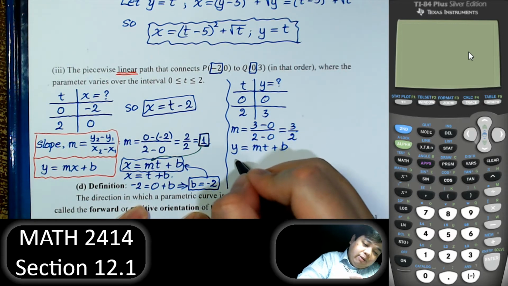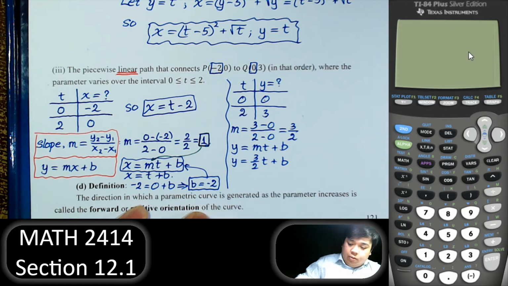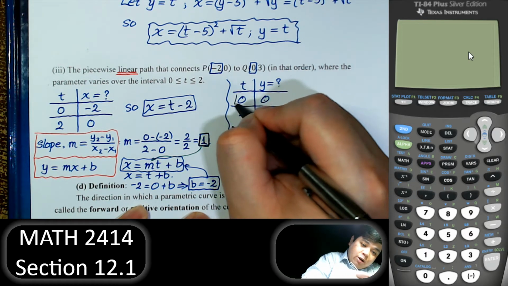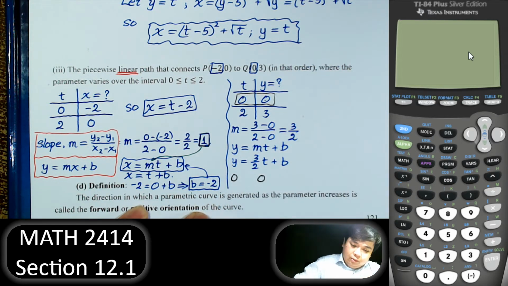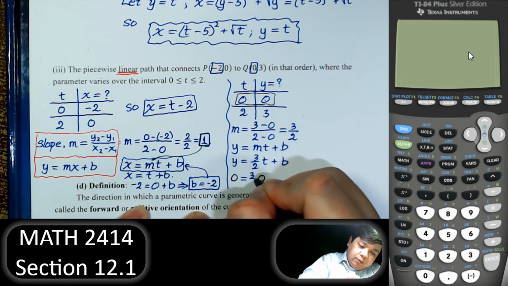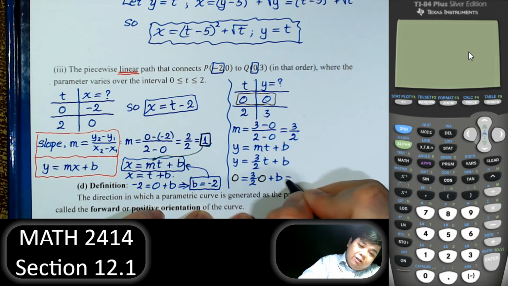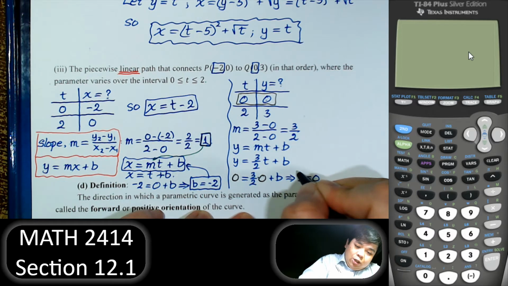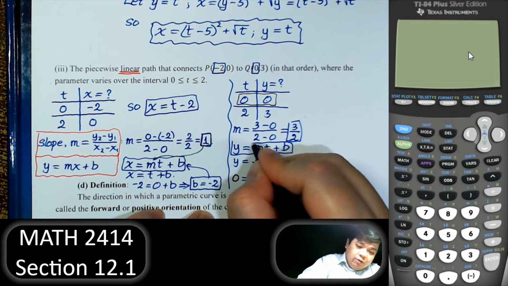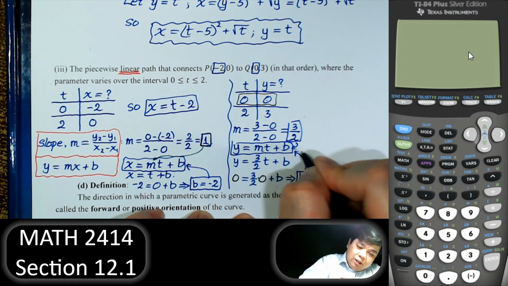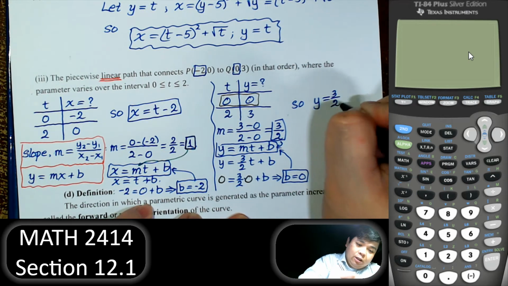The slope is 3/2. And when t equal to 0, y equal to 0, so b is 0. So with b equal to 0 and the slope equal to 3/2, we put in the equation of the line here. So we have y equal to 3/2 t.